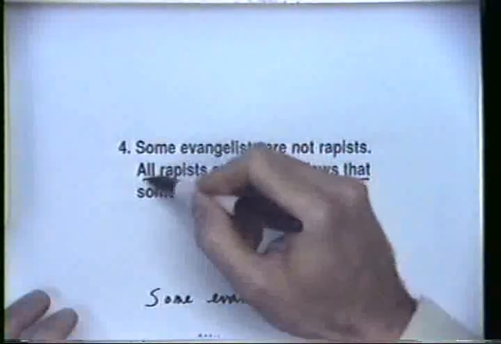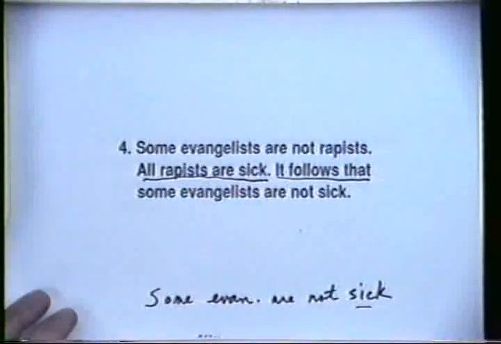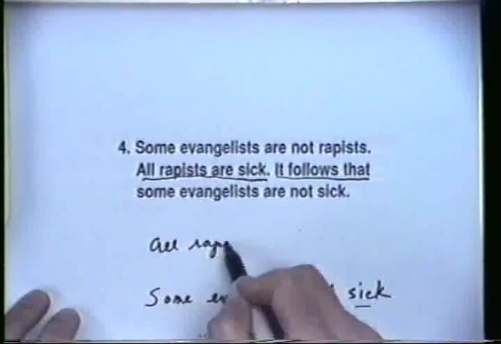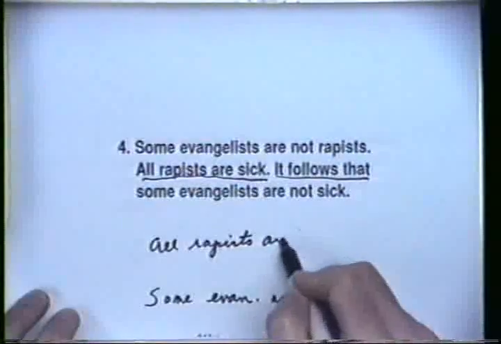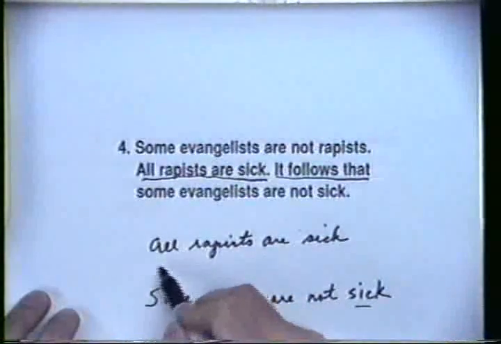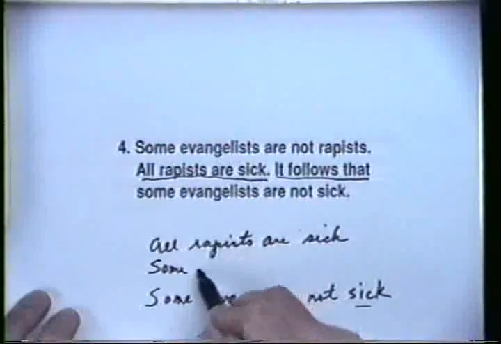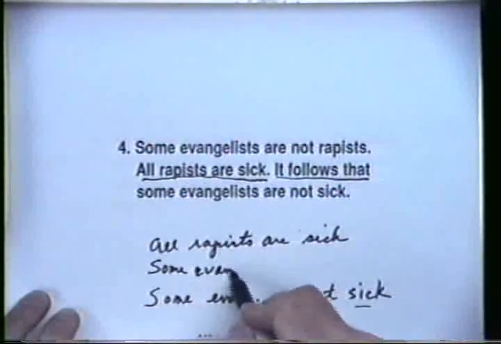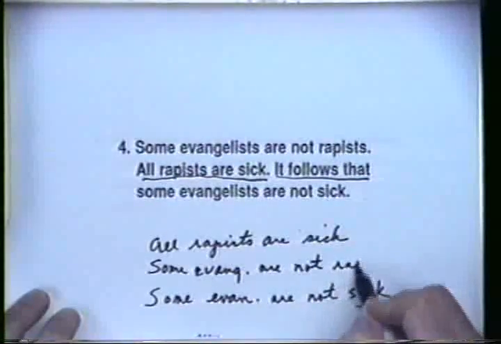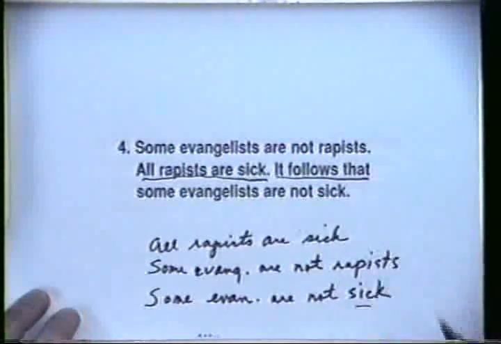That in turn makes all rapists are sick the major premise. So that's our first one. All rapists are sick. And the middle premise must be some evangelists are not rapists. Okay, so there's the standard form for this.